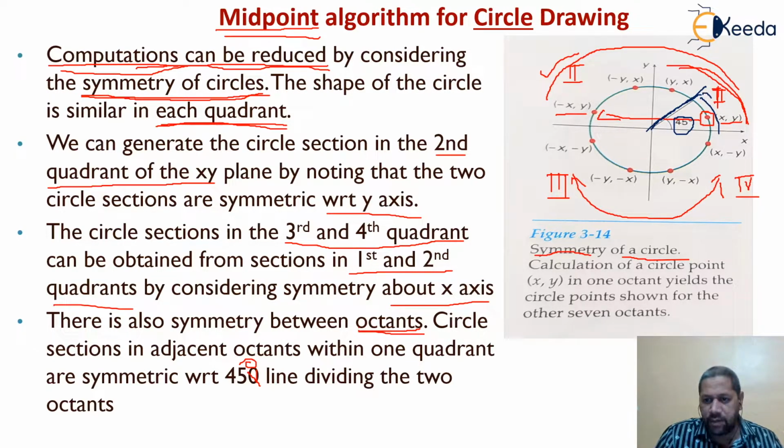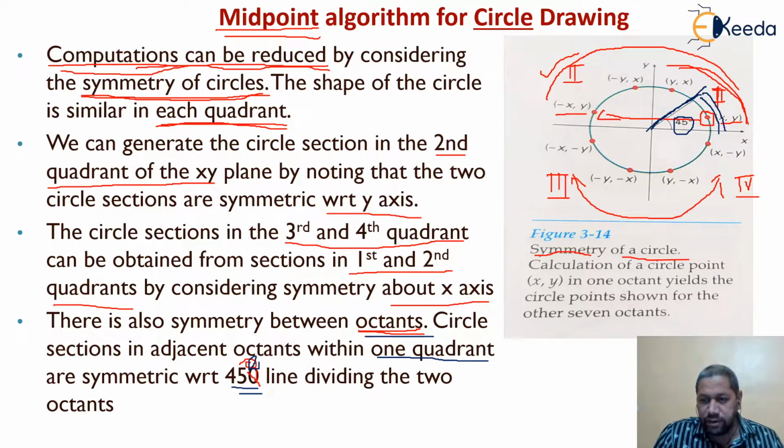I have divided my circle into 8 octants: first, second, third, fourth, fifth, all these octants are there. There is also symmetry between the octants. Circle sections in adjacent octants within one quadrant are symmetric with respect to the 45 degree line dividing the two octants.